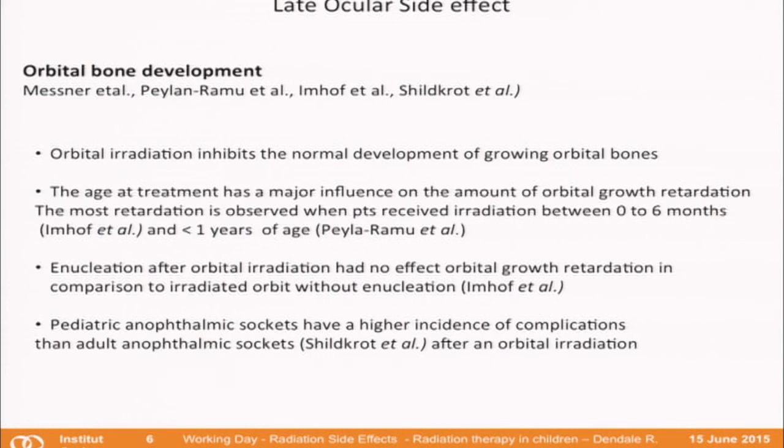The most retardation is observed when patients received irradiation between 0 and 6 months and under 1 year of age. The implant after orbital irradiation had no effect on orbital growth retardation in comparison to an irradiated orbit without implant. And pediatric anophthalmic sockets have a higher incidence of complications than adult anophthalmic sockets after orbital irradiation.